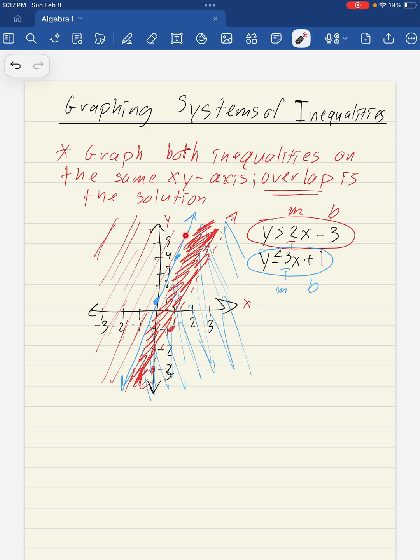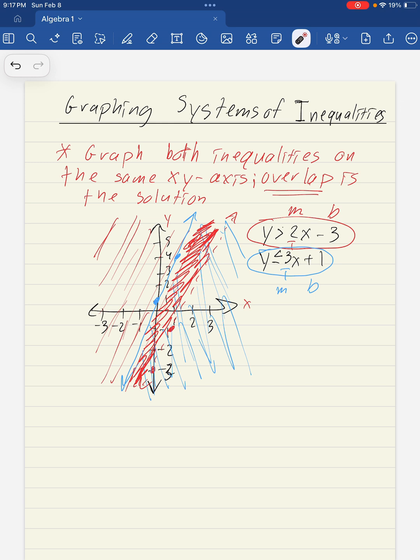Meaning if you picked any point on this blue line, or any point in this section right here, and got the coordinate out, it would work for the x, y's on both of them. Truth be told, the blue line would eventually cross the dotted line, so you only want to include the solid lines that actually border the overlapped area as your solutions.